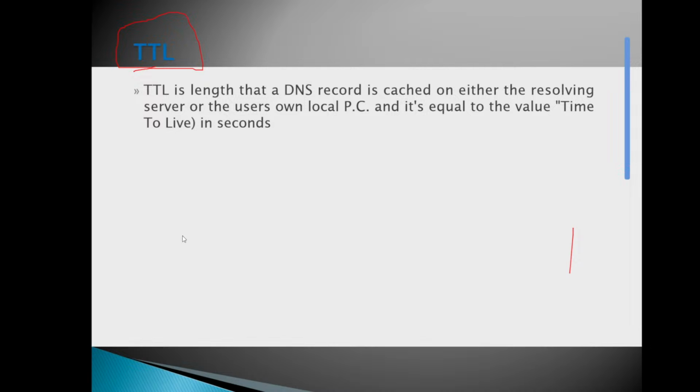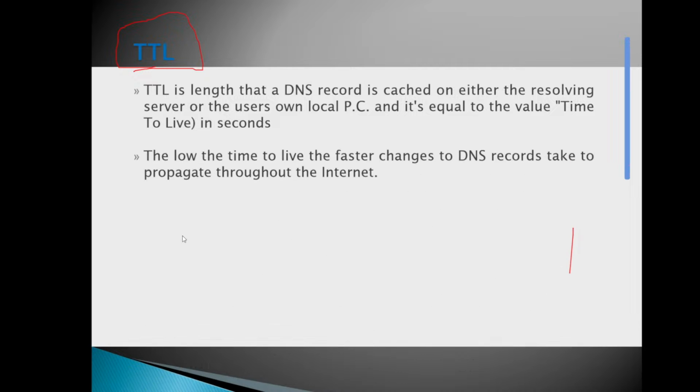We will learn about cache in multiple ways, but here the information is the domain name versus the IP address. The lower the time to live, the faster changes to a DNS record take to propagate throughout the internet.